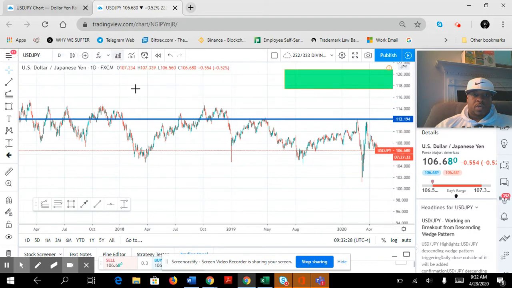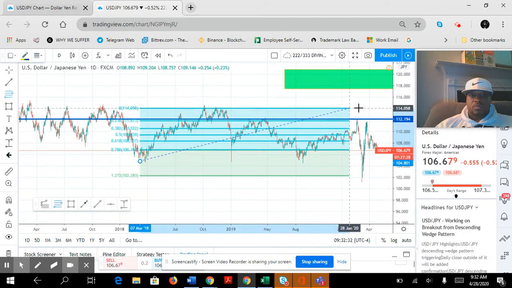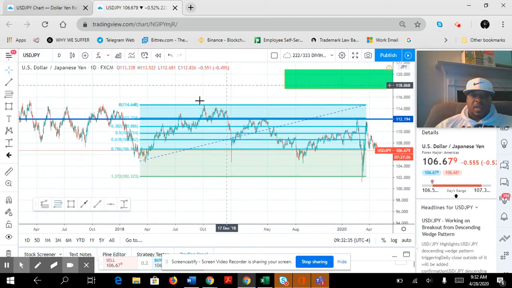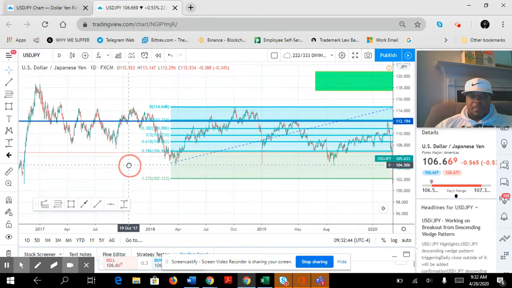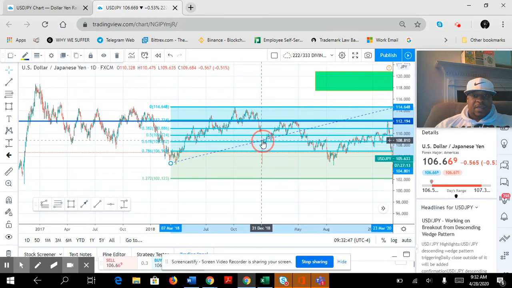Okay, all right, here we go. This is what I used to do as an amateur. I would draw up my retracements, and then I said to myself, oh, look, it's coming back down. All right, got the 38%, 50%, 61, and 78. And I'm like, oh, it hit the golden ratio. I'm going long.